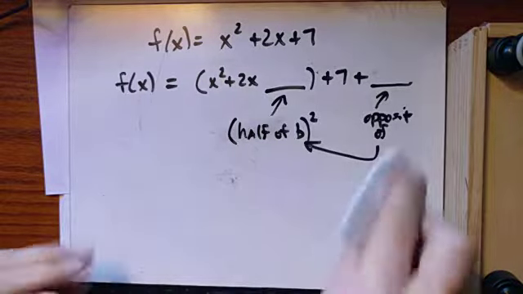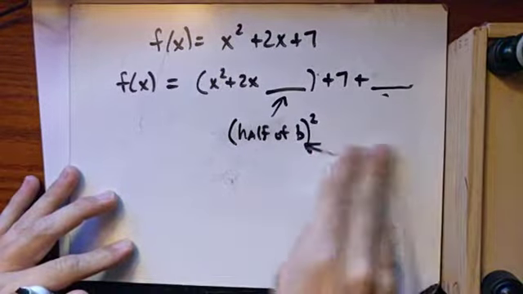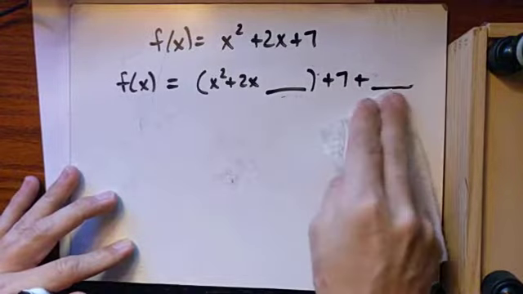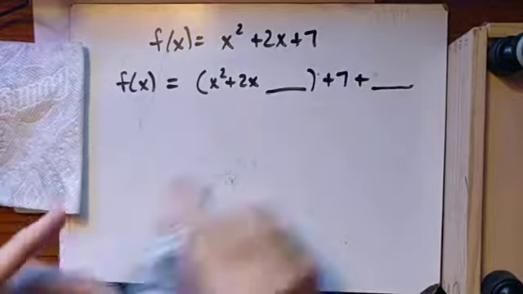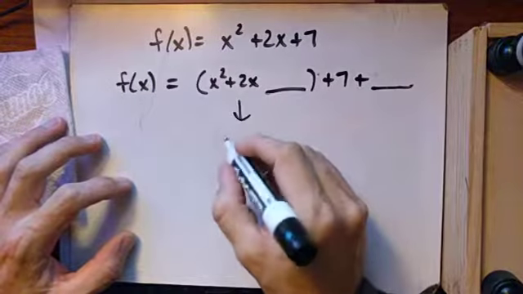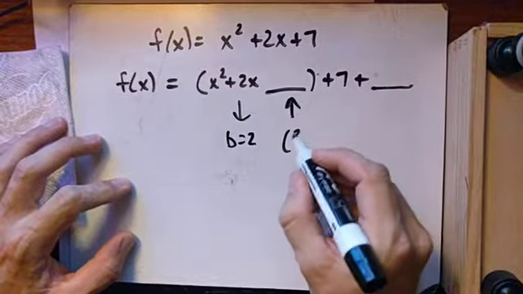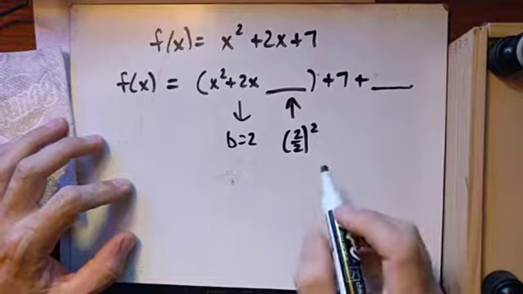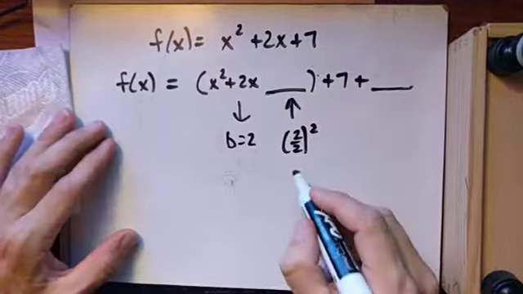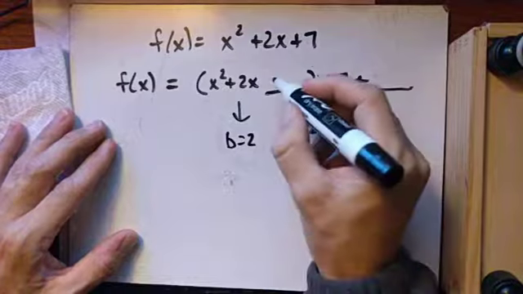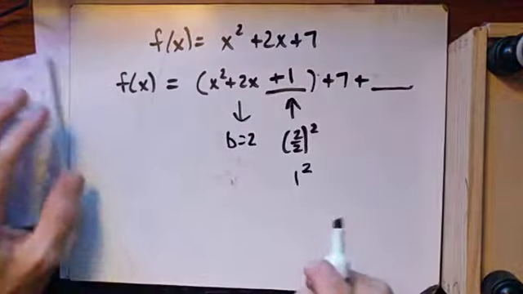Well, b is 2. So what's half of 2? Okay, so since b is 2, what we're going to put here is half of 2 squared. 2 divided by 2 is 1. 1 squared is 1. So I'm going to put plus 1 here.